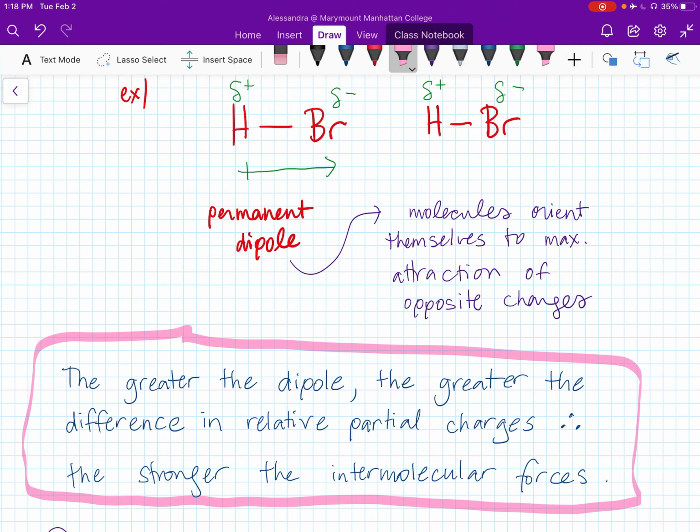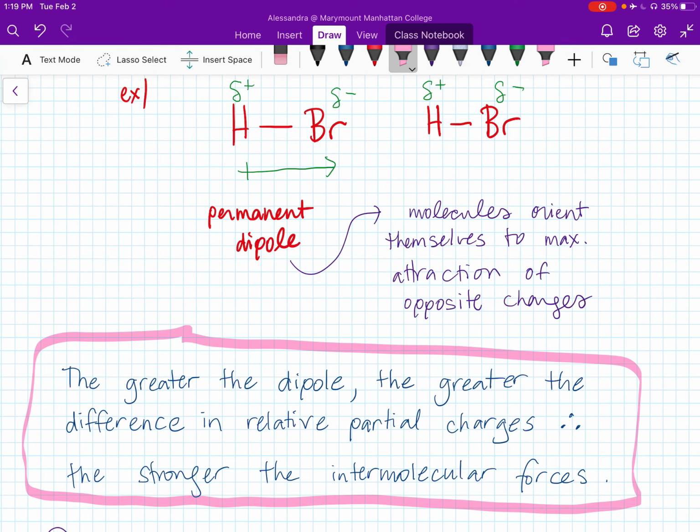So another way of saying that is the more polar the molecule, the stronger the intermolecular forces are going to be. So more polar molecules are going to have higher boiling points because they're going to have stronger intermolecular forces holding the molecules together as a liquid, and they don't want to be released into the gas phase. So the more polar the molecule, the stronger the intermolecular forces.